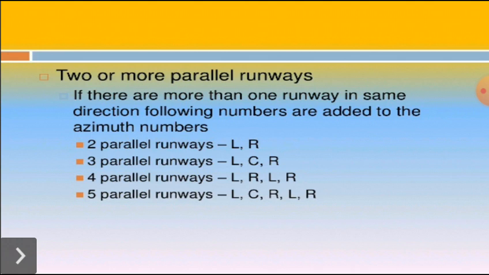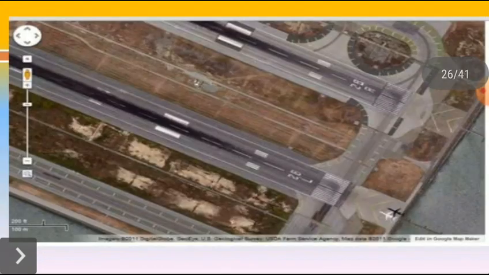For three parallel runways, L, C, R will be added. For four parallel runways, L, R will be added, and for five parallel runways, L, C, R, L, R. Such indications are ordered. The figure shows the parallel runways.